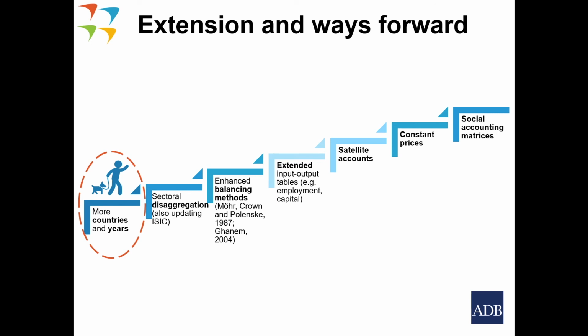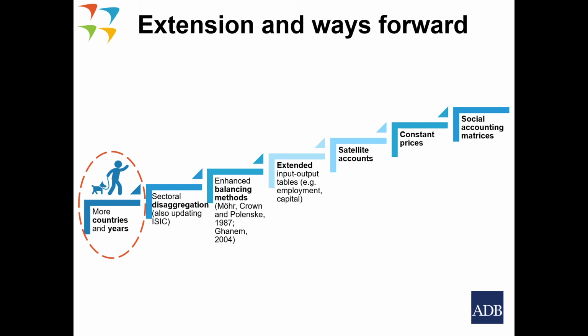Our team's next step is to add more countries and years into the MRIO database. We are targeting the first quarter of next year for the 2019 final table and the 2020 preliminary table, while we are targeting November of this year for the expansion of the ADB-MRIO LAC to 38 sectors.